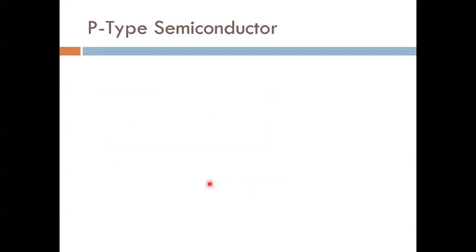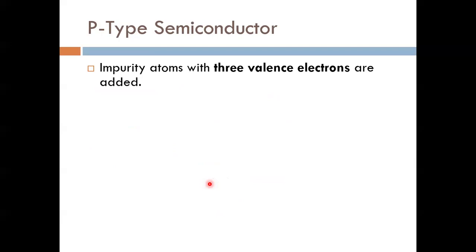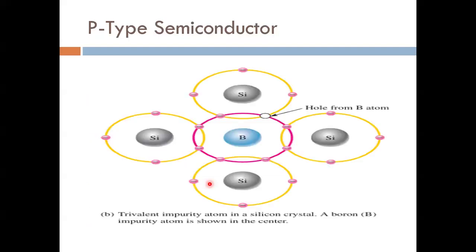Now, P-type semiconductor. In P-type semiconductor, impurities of group 3, which are atoms that have three valence electrons, are added. Examples: boron, aluminum. So let's see what happens again. Silicon atoms. Now one boron atom.